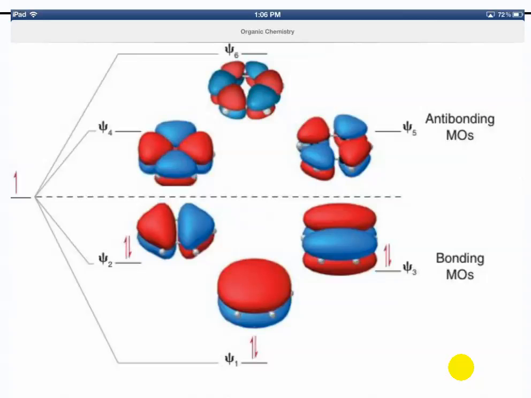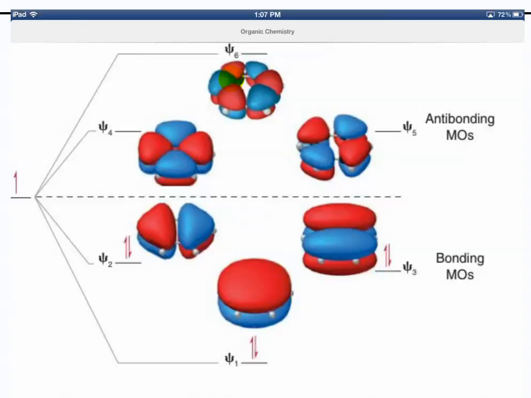Instead of them being all in a line now, of course, they're in a ring. And in the bottom, you have the one where they're all in phase, just like before. And the next 2 are actually equal in energy. There's one node. You can cut it one way or you can cut it another way, and you get one node either time. Then there's two ways that you can sort of double cut it and get two nodes in each one. That's here, so these two are degenerate, they're the same energy. And then you have the highest energy one where they're all alternating, just like in the hexatriene. All right?